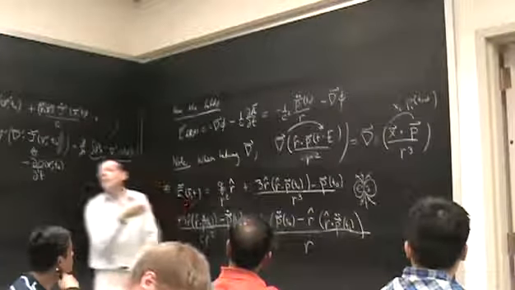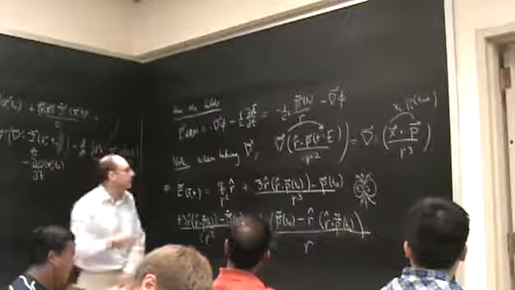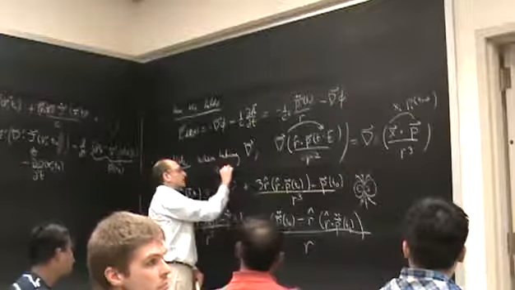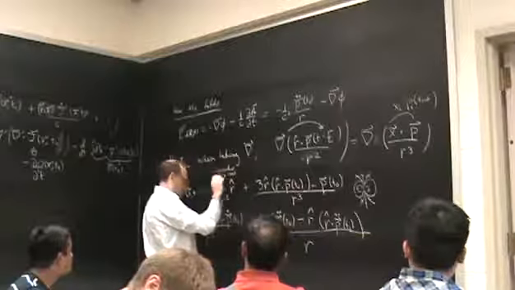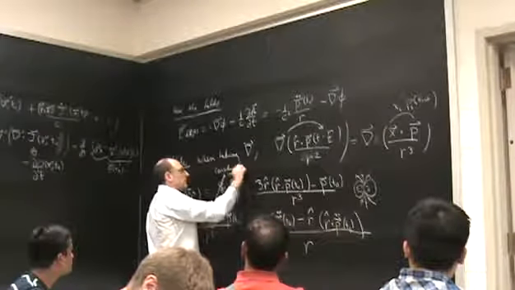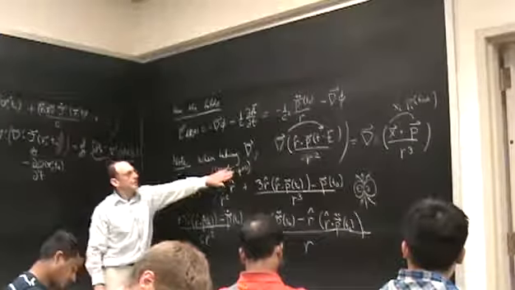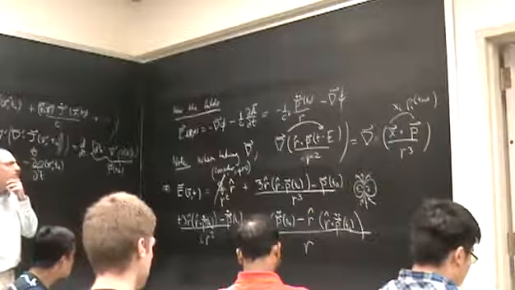Let's look at the case where we have a neutral charge, a neutral distribution of charge. So let's just consider the case, although it's not so important, that the total charge is 0. So, what do we have here?